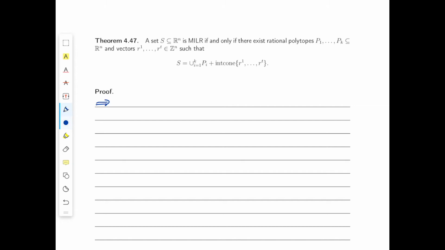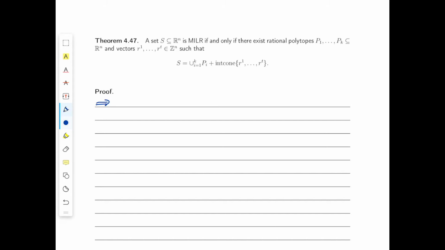In fact, in the proof of Meyer's theorem, we at some point considered a set which took exactly this form. So it's no surprise that we're going to use that result, which we formalized in the corollary just after Meyer's theorem.